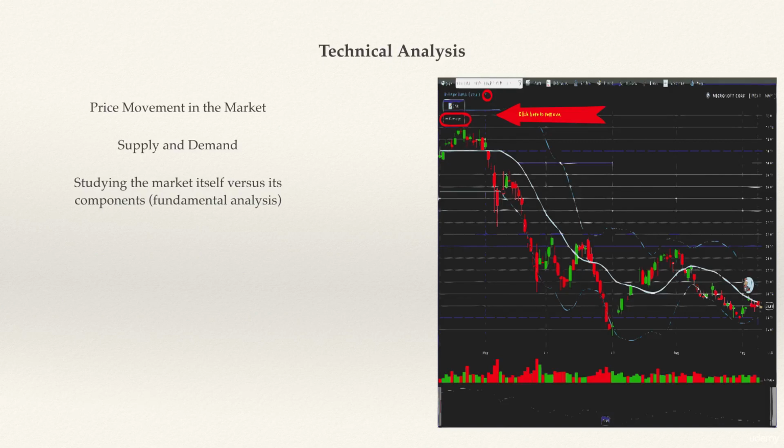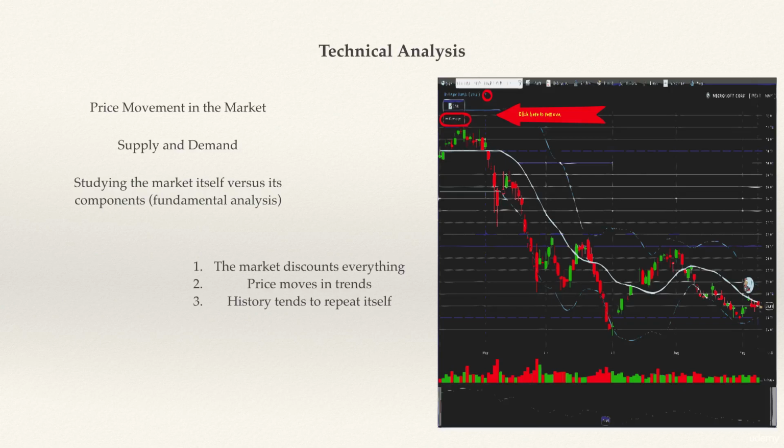Technical analysis is based on three assumptions. Number 1, the market discounts everything. Number 2, price moves in trends. And number 3, history tends to repeat itself. Technical analysts only consider price movements and ignore the fundamental factors of a company.